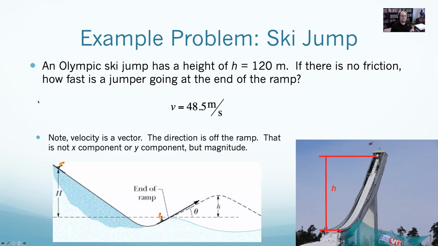If you want to get the direction, you're just going to need to look at the situation. You're going to have to say, hey, this person goes off the ramp going that way. That's the direction. Any questions though?